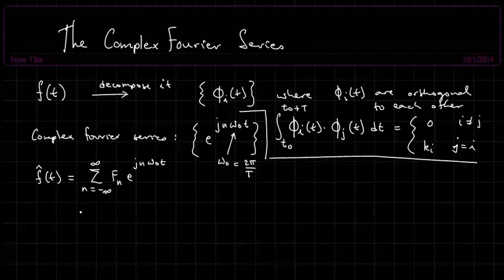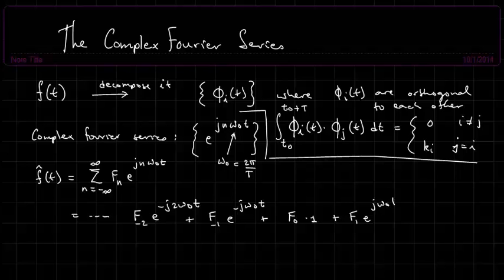So this would be something like f sub minus 2 e to the minus j 2 omega naught t, plus f sub minus 1 e to the minus j omega naught t, plus f sub 0 e to the 0, which is going to be 1, plus f sub 1 e to the j omega naught t, plus f sub 2 e to the j 2 omega naught t, plus dot dot dot.